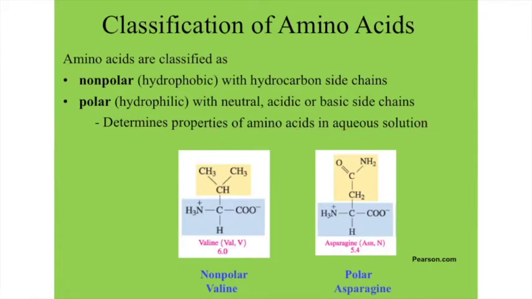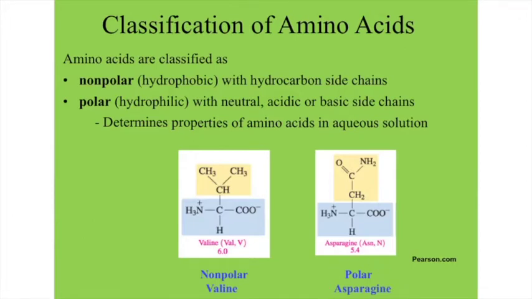Remember, these are in your body. Your body has blood in it, which is an aqueous environment. And so depending whether your amino acids are polar or nonpolar determines how it will function or how it will behave in your blood.